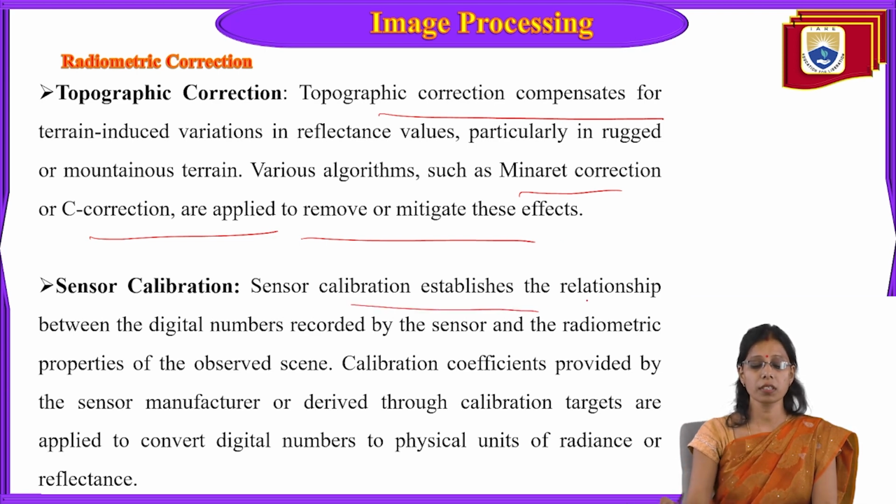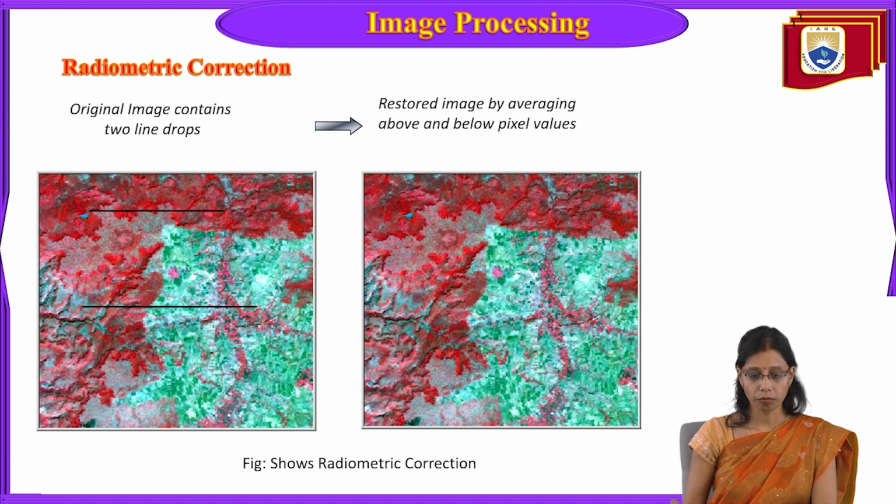Sensor calibration establishes the relationship between the digital numbers recorded by the sensor and the radiometric properties of the observed scene. Calibration coefficients provided by the sensor manufacturer or derived through calibration targets are applied to the digital numbers to convert them to physical units of radiance or reflectance.